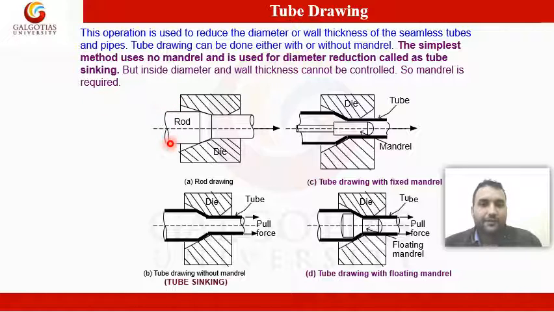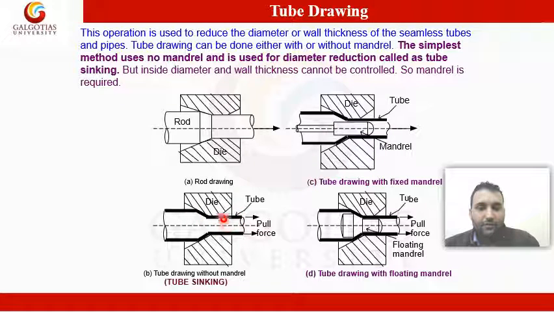In the first animation you can see the rod drawing process, where the rod is drawn. This part is the die, and this is the rod. The second is tube drawing without a mandrel. Here no mandrel is used, so the internal diameter cannot be controlled.